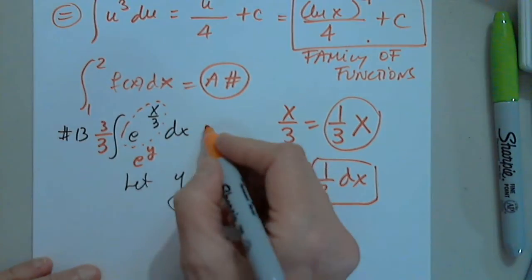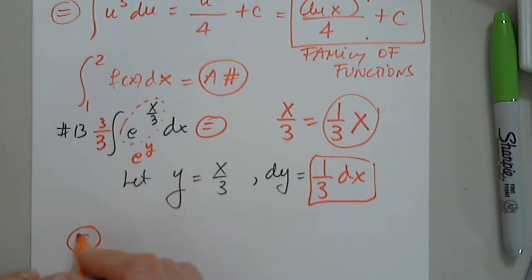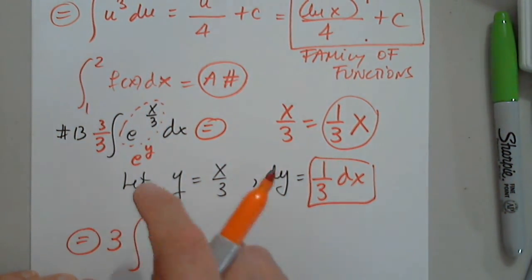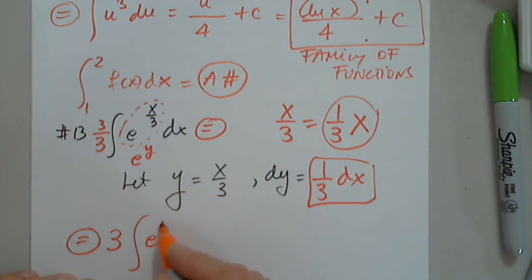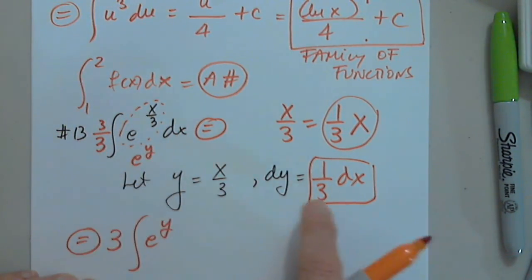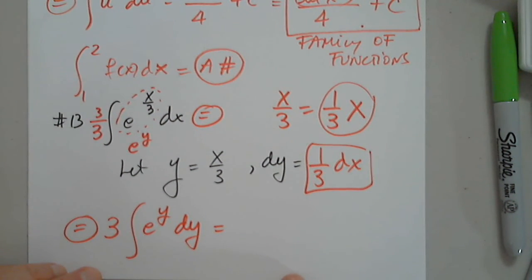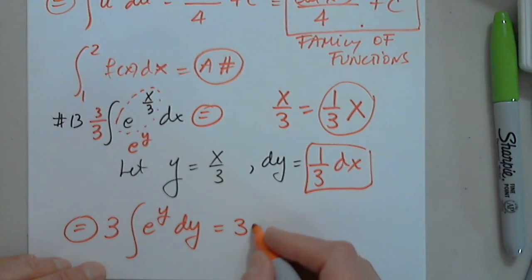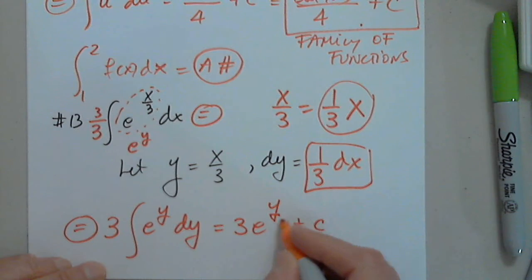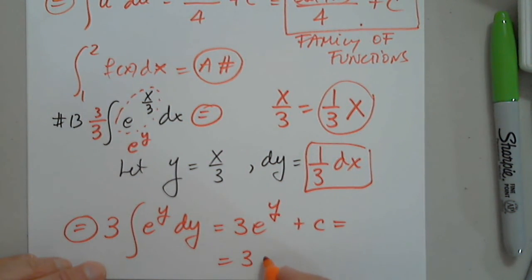So there is a 3 left in front. 3, the integral of e to y, dx over 3, which is dy. Now this is simple. It's 3 e to y plus a constant c, and now I go back: 3 e to x over 3 plus a constant c.